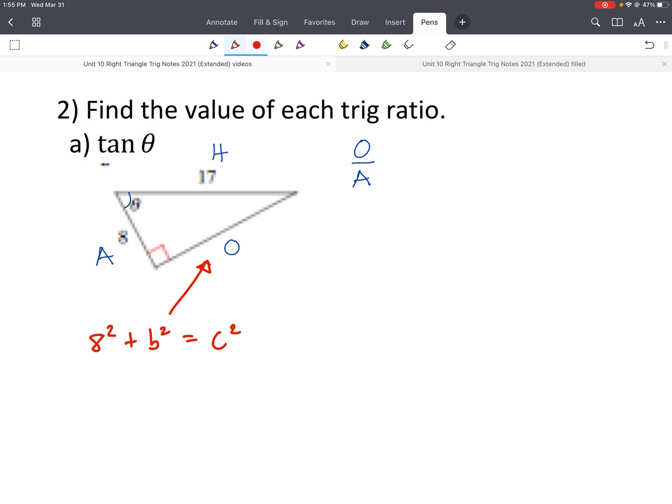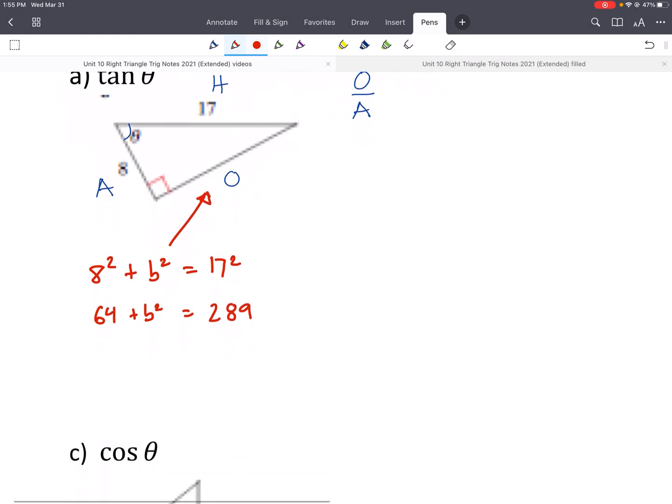So 8 times 8 is 64 plus B squared is equal to, and C is our hypotenuse, which is 17. 17 squared is 289. Again, just use your calculator.